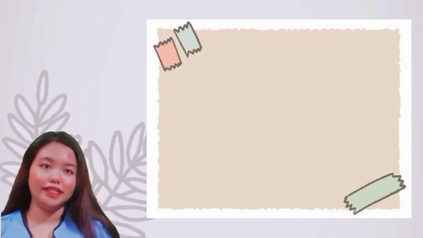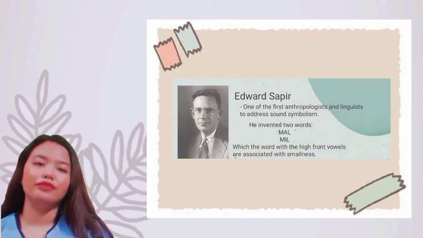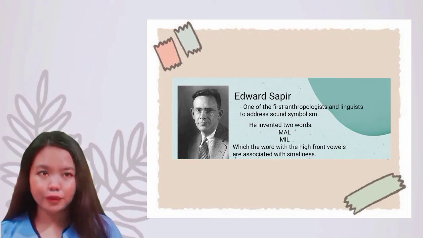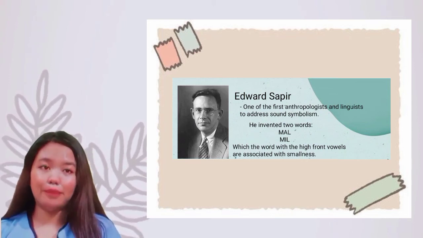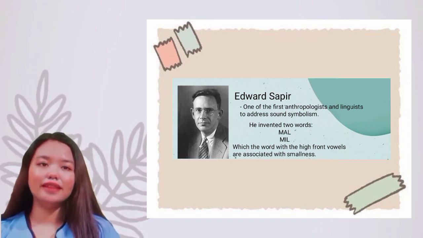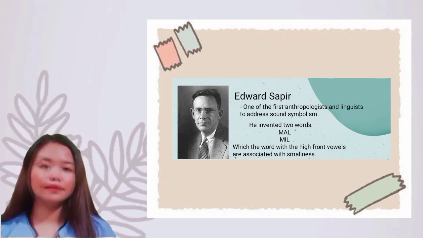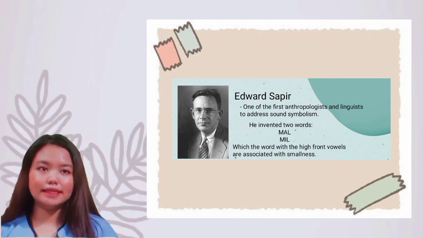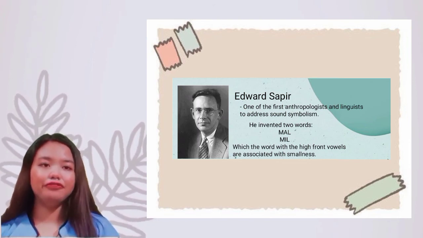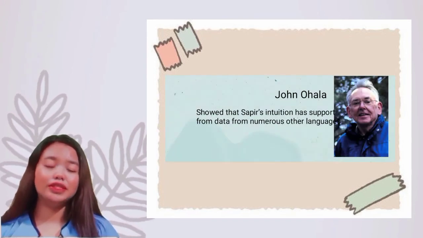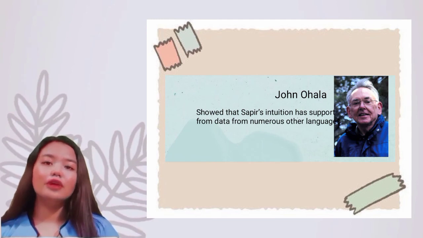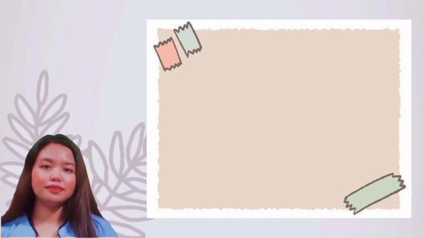Let's take another example. This is from one of the first anthropologists and linguists to address sound symbolism. He is Edward Sapir. Edward Sapir invented two words, mal and mil, which he says that the word with the high front vowel is associated with smallness, and John Ohala showed that Sapir's intuition has support from data from numerous other languages.